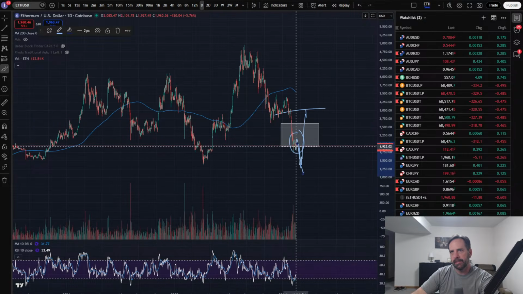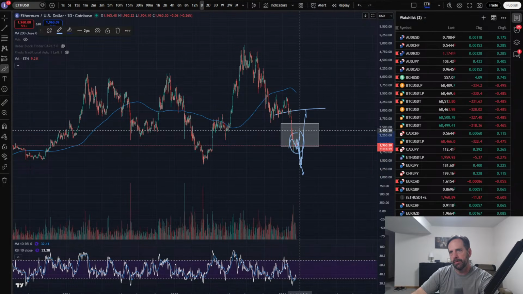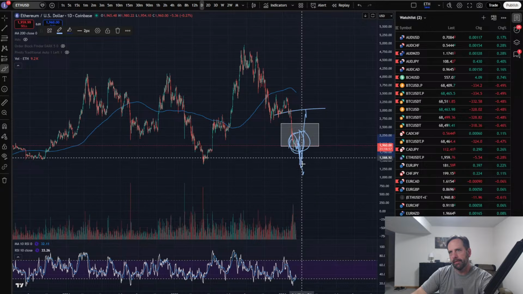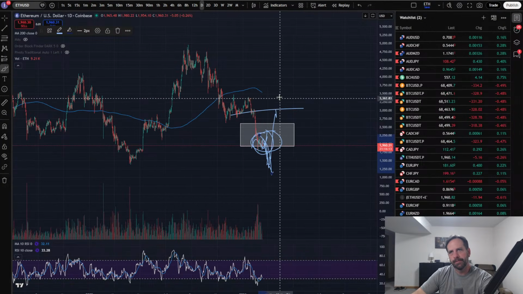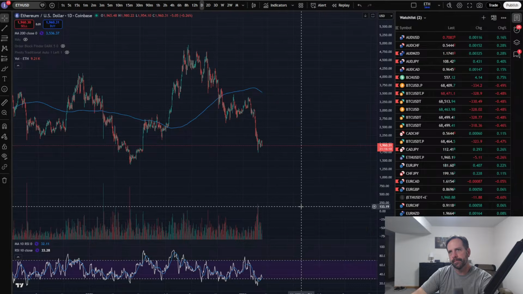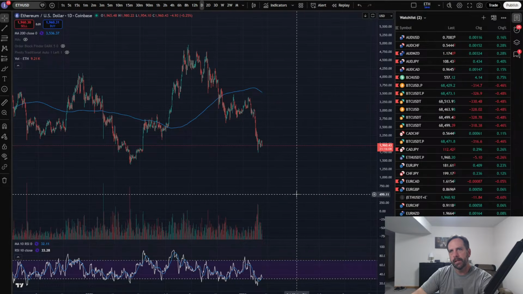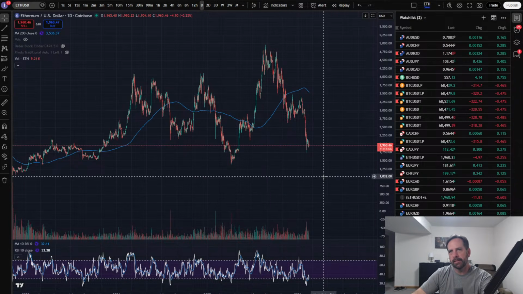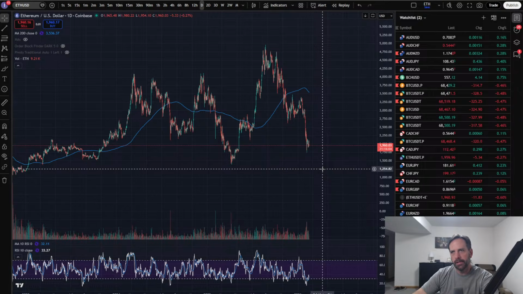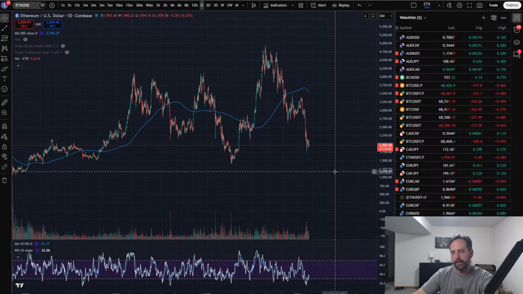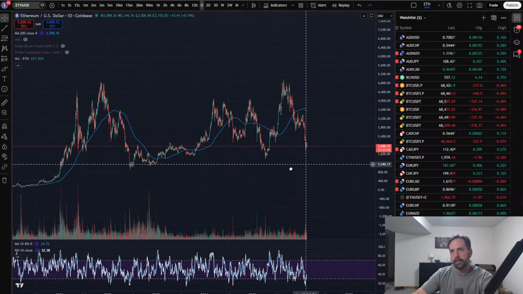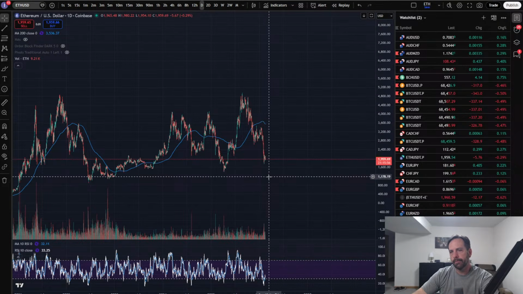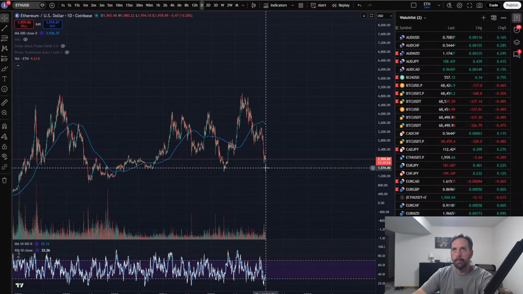I could totally see this play around, create a three wave, and then come down and hit that low. I don't know. Ethereum says to me it's not going to be as long as you think, Jim, for that bottom to come in. When I look at Ethereum, it's going to be quicker than you think. So I don't know what that means.